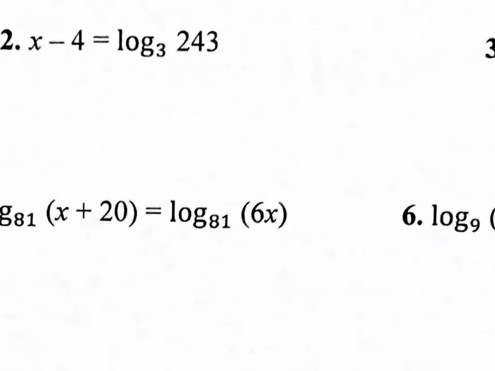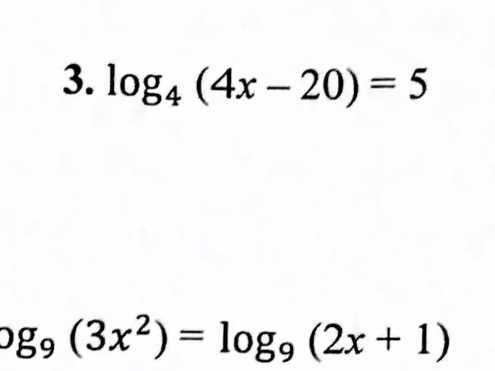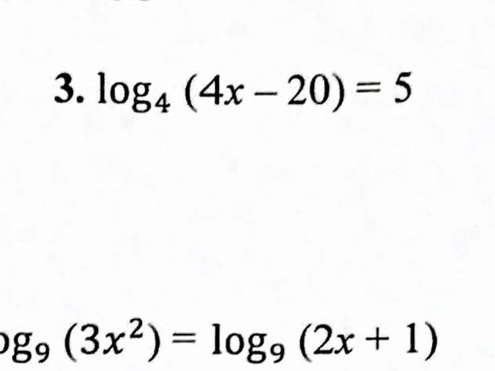Moving on to number 3. We have log base 4 of 4x minus 20 equals 5. I want to solve this, which means I want x by itself on one side. x is inside this logarithm base 4, so I do not want the logarithm base 4. So what am I going to do to get rid of that log base 4?